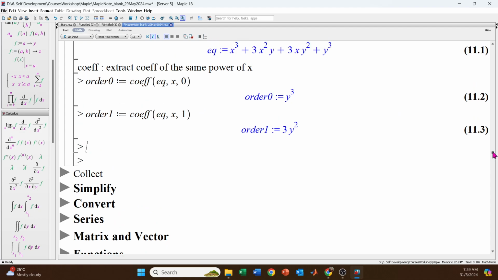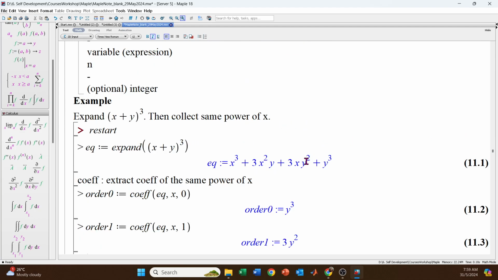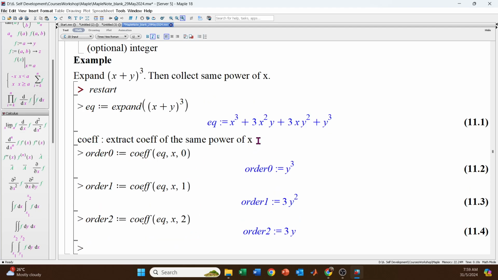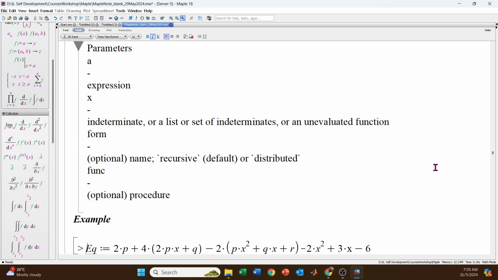So this is x power 1, 3y squared. And then order 2, the coefficient of x squared is 3y. The coefficient for x cubed is 1.